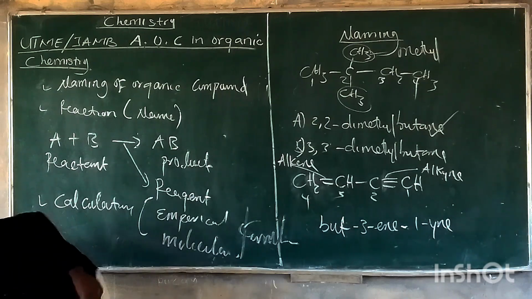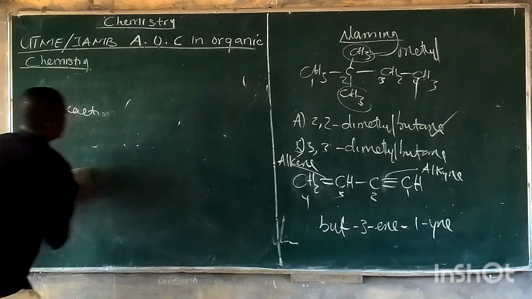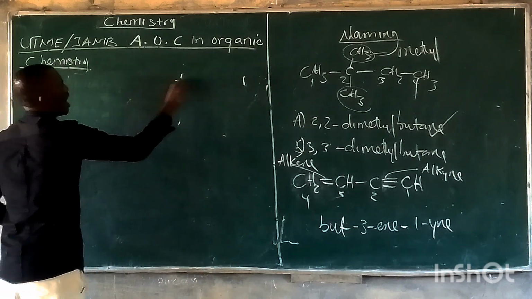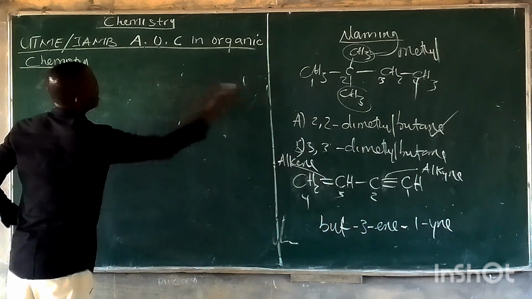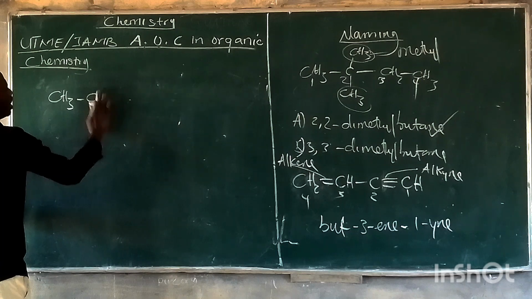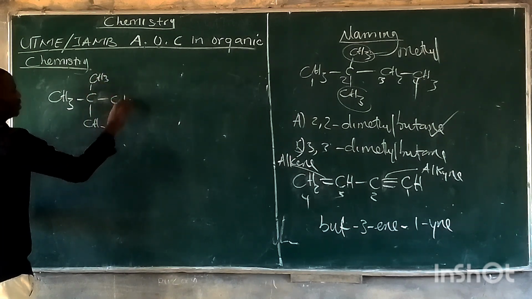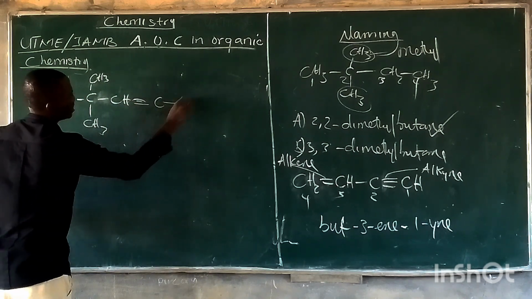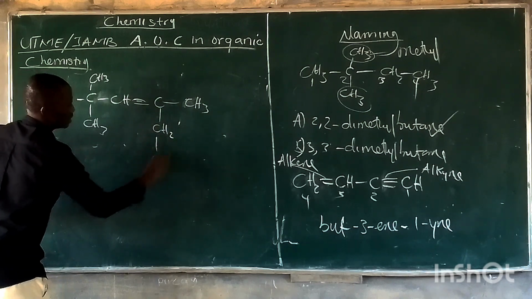So let's go on. Let's say we have this compound, coming from whatever family, alkane or alkyne. We have CH3, CH3, CH3, CH double bond CH3, and then CH2, CH3.